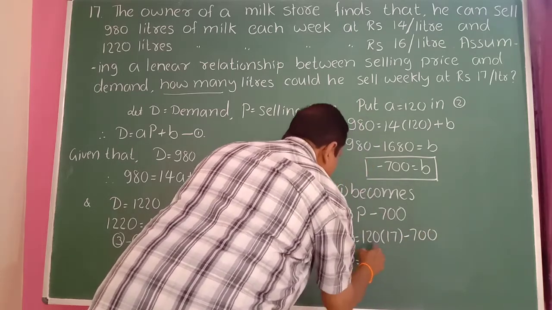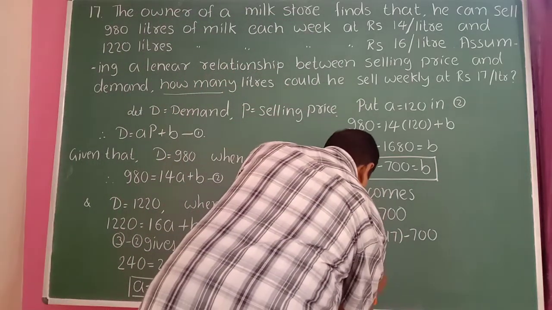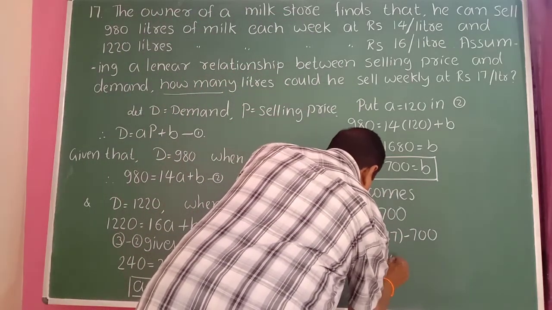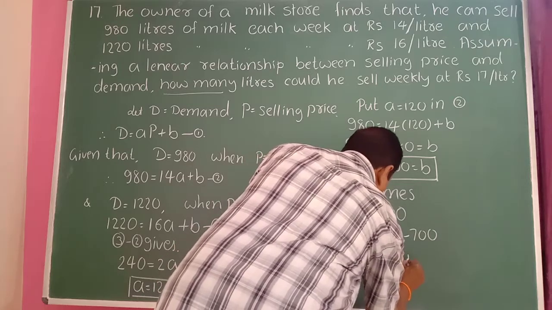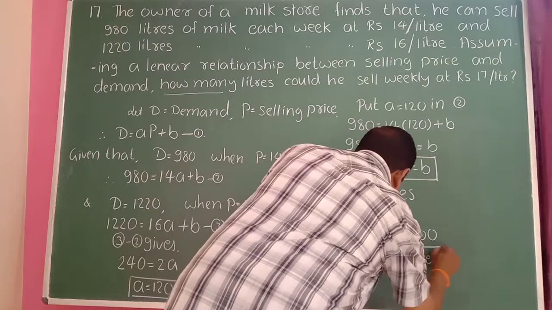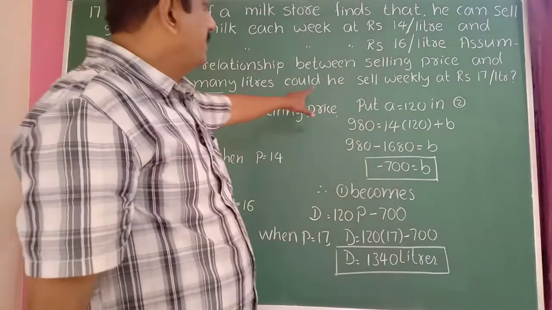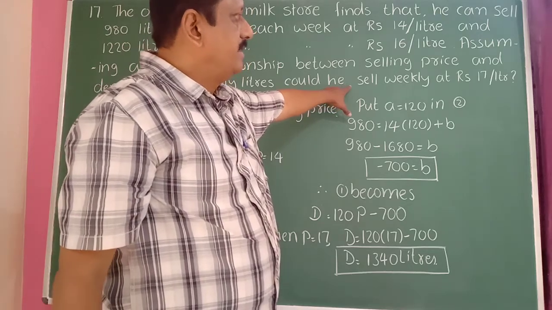So just simplify, multiply it and subtract it, we get 1340 liters here. So total 1340 liters at the price of rupees 17 per liter.